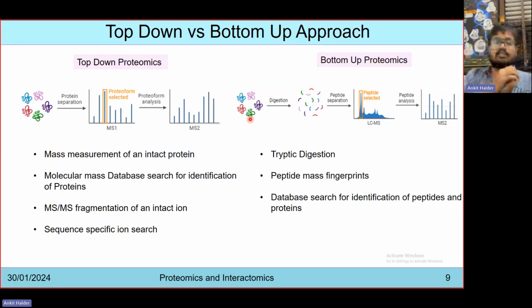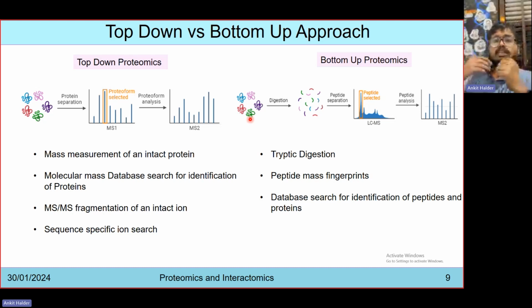After the ions are generated, we identify the m by z ratios, and finally we get the peptide mass fingerprints to analyze what that particular peptide is.